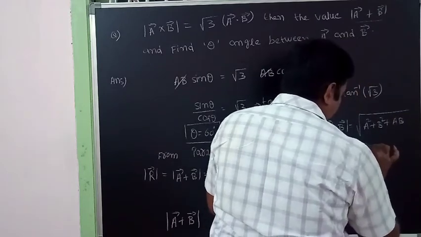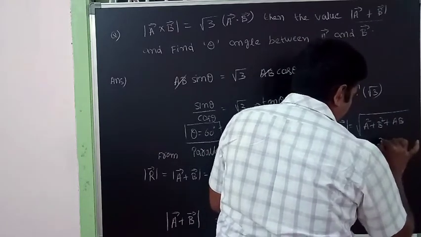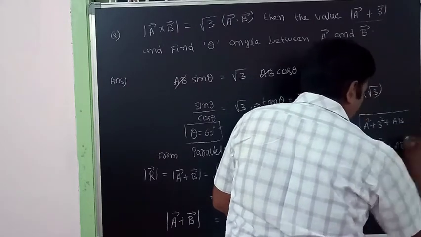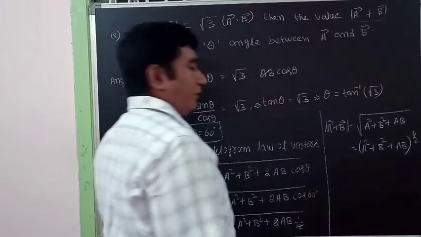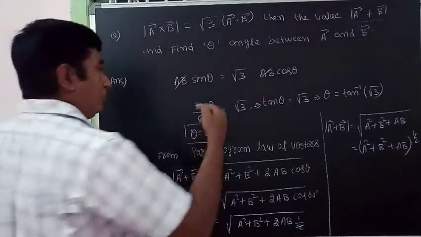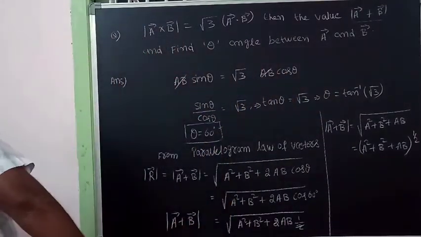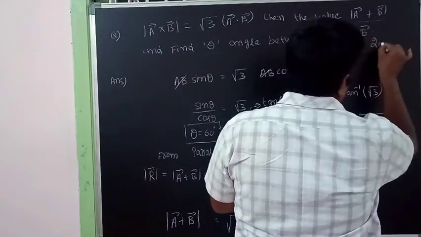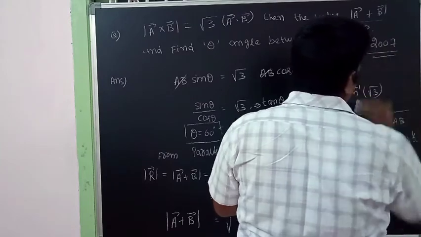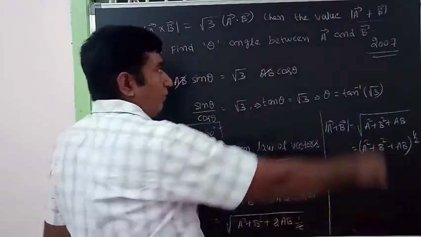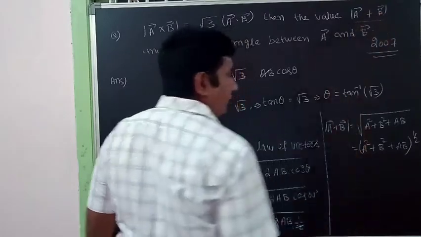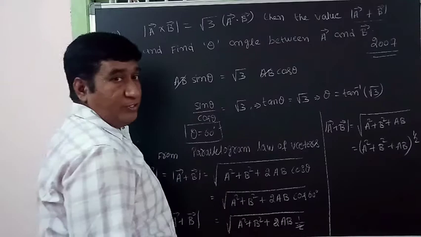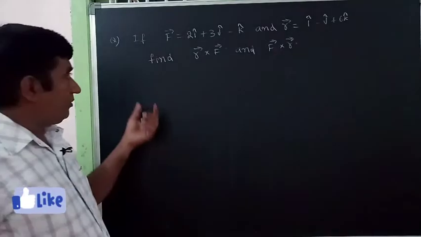This question was asked in 2007 for NEET. In one year they asked to find a vector plus b vector, and in another year they asked to find the angle theta between the two vectors. Okay, you can see the next question.